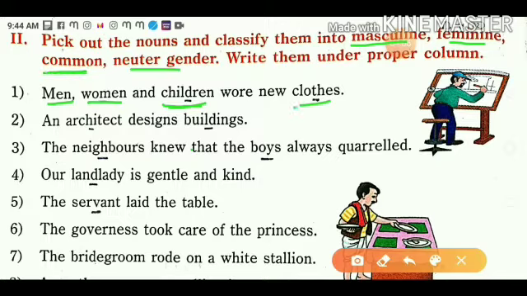And clothes is not female and not male, so it is of neuter gender. So 4 kinds are available in this sentence, and these 4 nouns we want to use in the columns.